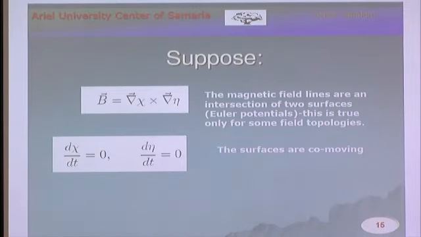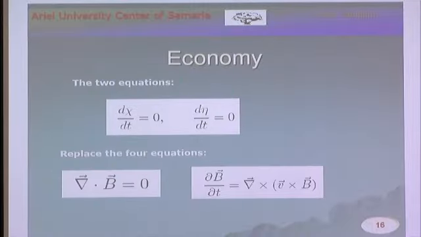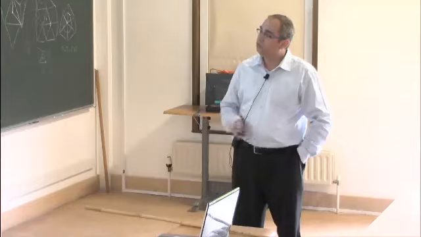Now, you look at surfaces that are co-moving. This means that the material derivative of chi and eta is null. Now, this is a kind of economy because you have only two equations, and this replaces the 4 equations that you had before, which are those two.